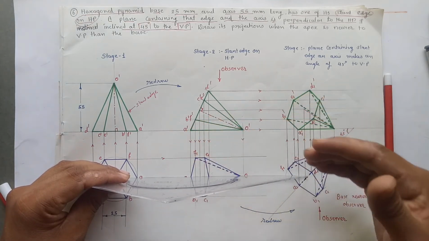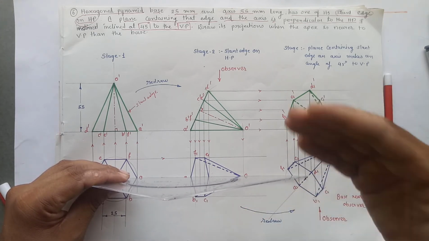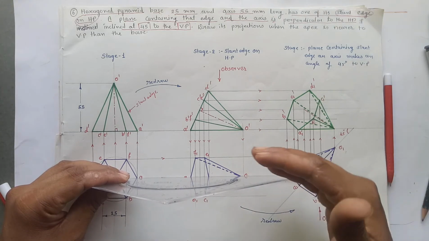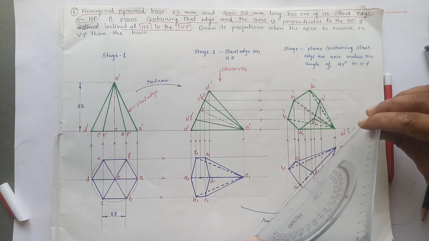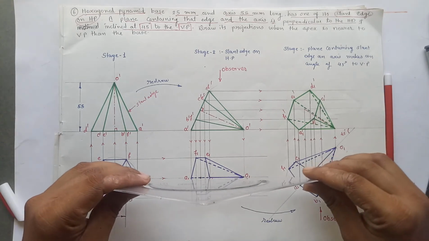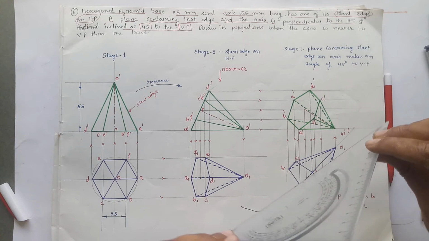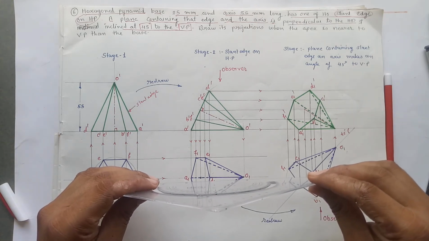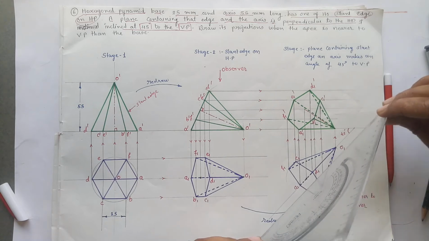The plane containing the slant edge and the axis will be a vertical plane, and it is going to be inclined at an angle of 45 degrees. And if the plane is inclined at an angle of 45 degrees, the edges or axis that the plane contains are going to incline at an angle of 45 degrees.